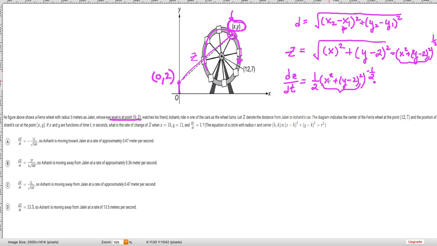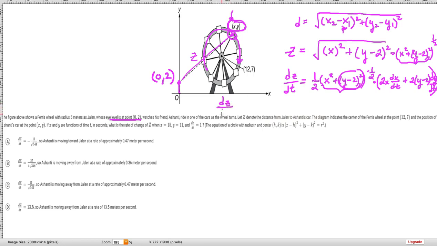The derivative of x squared with respect to time is 2x dx dt, plus the derivative of y minus 2 squared, which is 2 times y minus 2 times the derivative of the inside, which is just dy dt. And now this is an expression for dz dt.